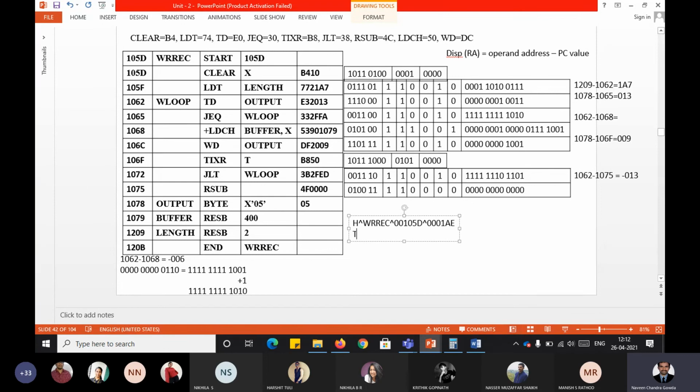Next, followed by the text record. T followed by the starting address where you have the object code. It is 00105D. Again, the length I'll leave as a space.